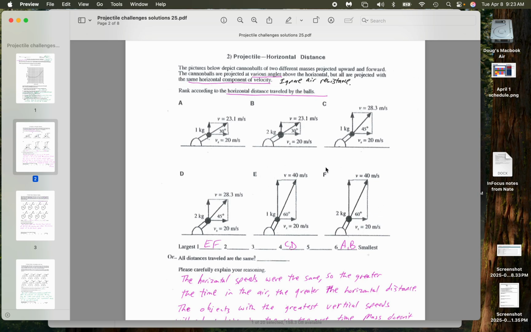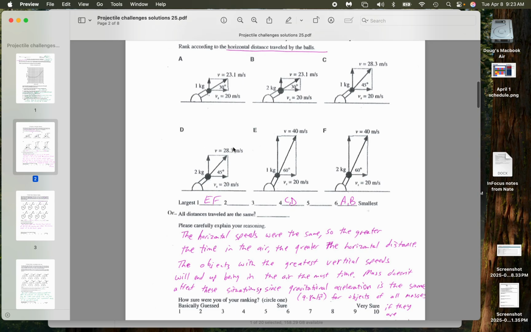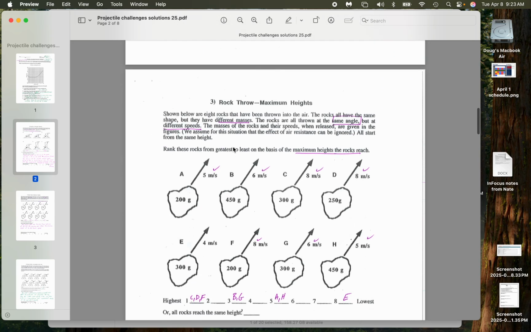So these two would be in the air for the longest, and therefore they go the farthest. These two, C and D, would be in the air the next longest amount of time, and these would be in the air the shortest amount of time. So this is sneaky with things, and the explanation's down there.